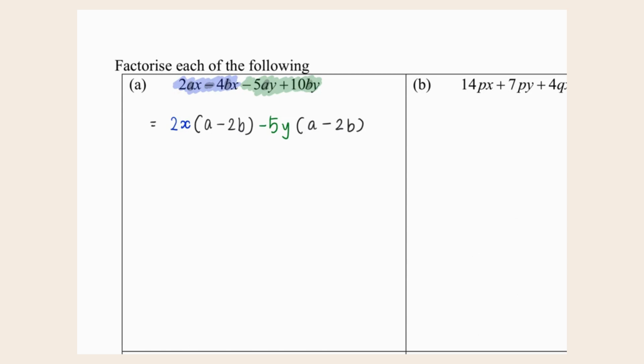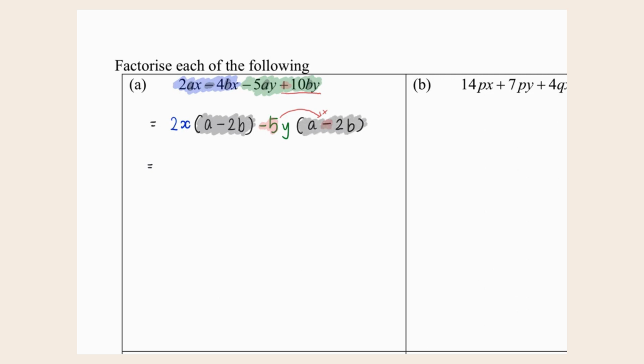Why then does Mr. Tan write a negative when there is a positive? Because we must always remember that if I take negative 5y out, and when I multiply them to expand, I should get back positive 10by. So negative times negative will give me back my positive. Once I have extracted out the common factor of these two groups, I realize something.